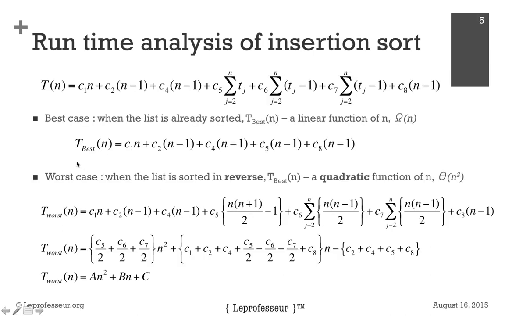Good. Now let's say we have this expression. Here tj is variable. For example, C5 denotes step number 5, or line number 5, the while test condition.